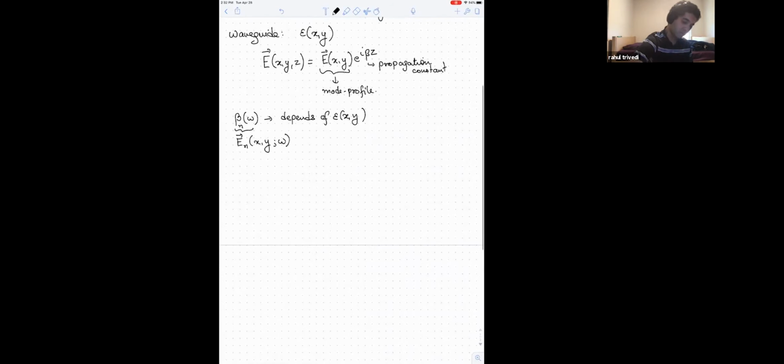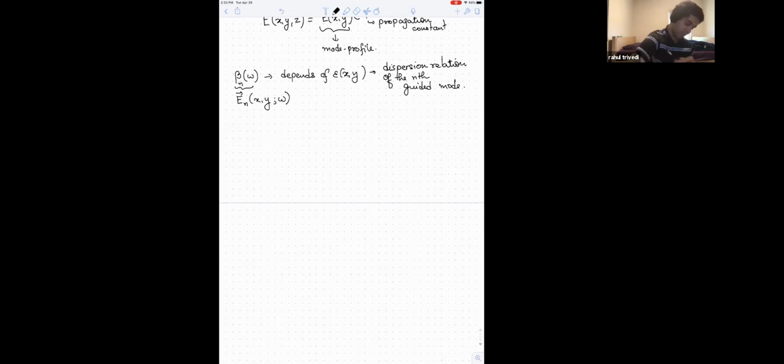So beta_n of omega is often referred to as the dispersion relation of the nth guided mode. Now, in general, this is a vector that has all x, y, and z components.